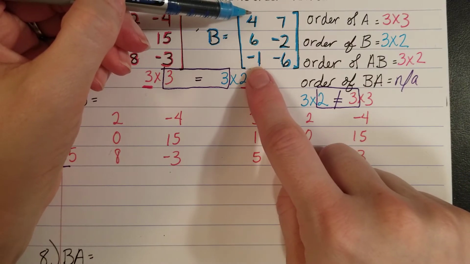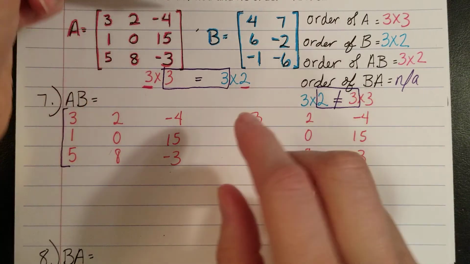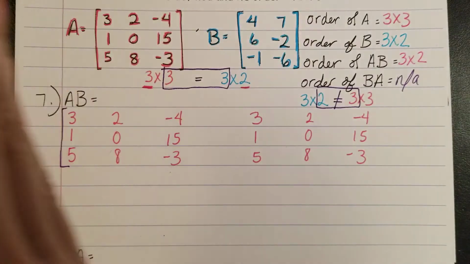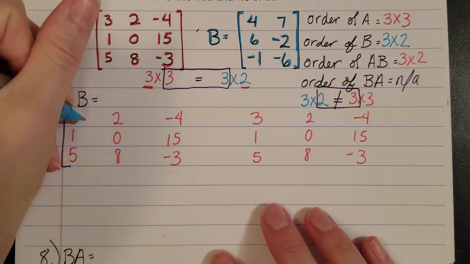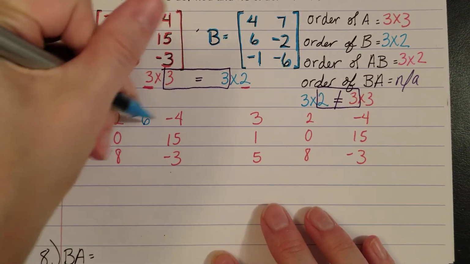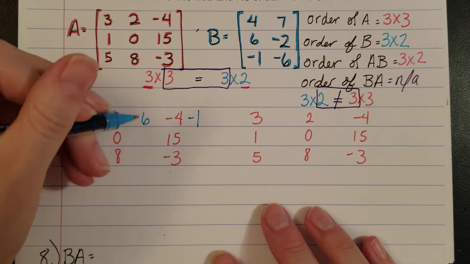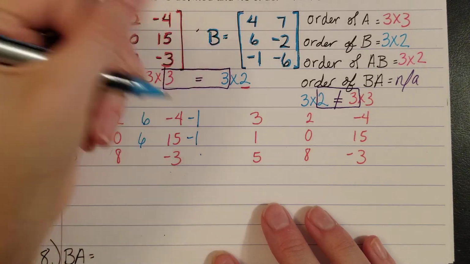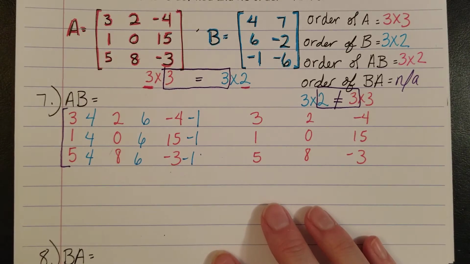I'm going to take this first column, 4, 6, -1, and turn it, so it's going to be 4, 6, -1. I'm going to copy those numbers straight down: 4, 6, -1, 4, 6, -1.